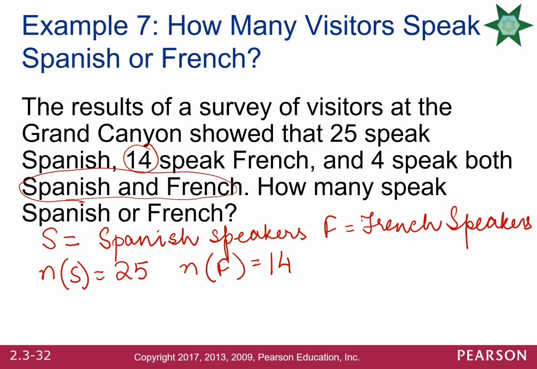So we have to write this as N of S intersection F, or you can write it as N of S and F. Remember, the word and also denotes intersection. So N of S and F are the common speakers who speak both French and Spanish.